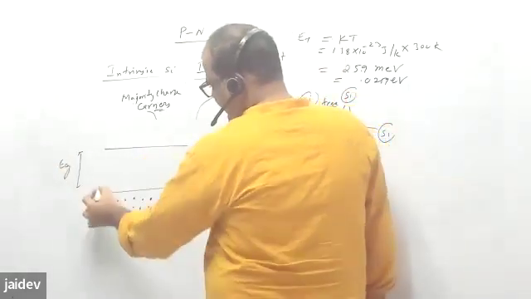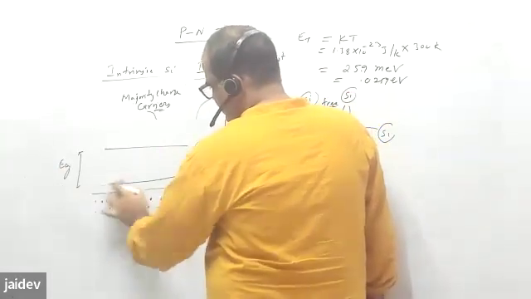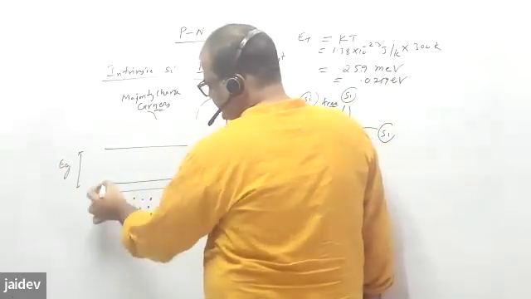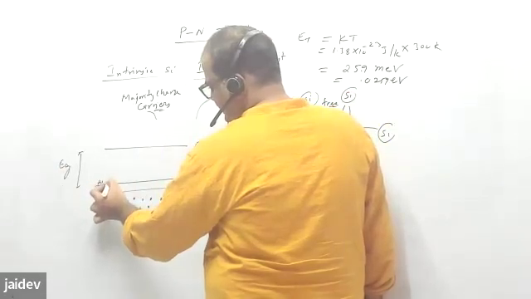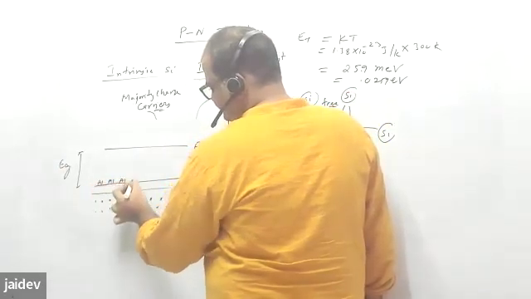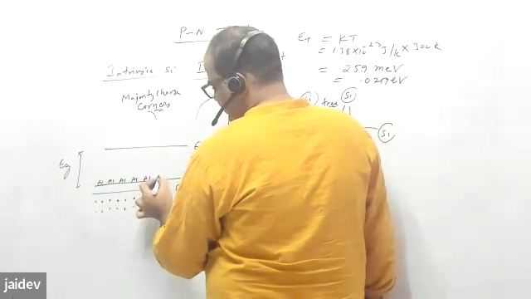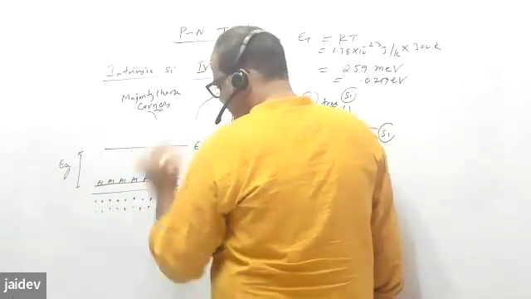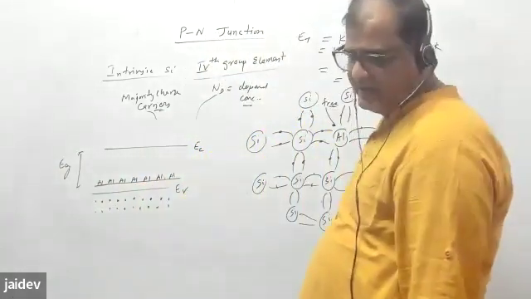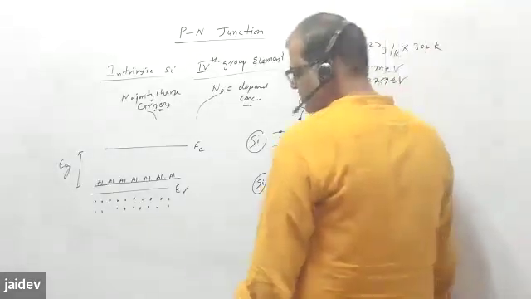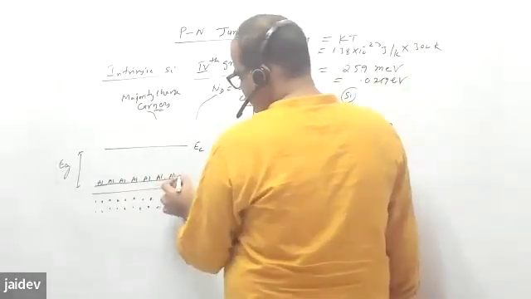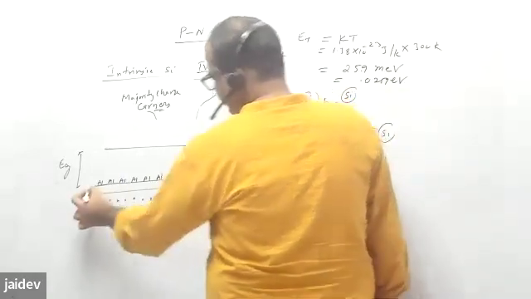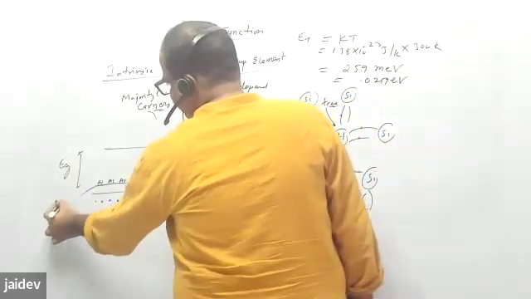And now the acceptor level: the aluminum atom energy levels are somewhere here. These are aluminiums. Aluminium has a first electron affinity, so they can capture electrons. They are acceptor atoms. This is the acceptor level.